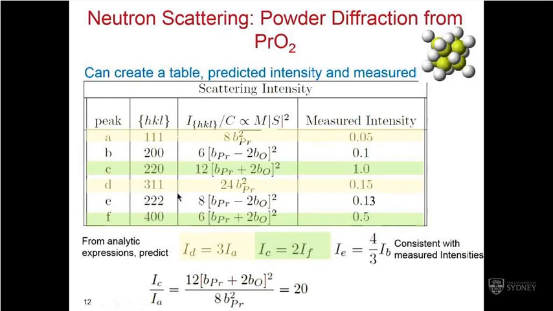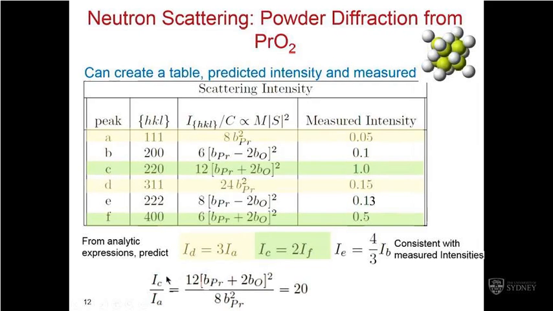For example, if you look at the intensity of peak D, the scattering length of the praseodymium atom squared is equal to 3 times that of A. And you can see other relationships here between the intensities of the peaks. In particular, what we're wanting to do is get information on the scattering strength of the praseodymium and oxygen atoms to see how effective they are in scattering.